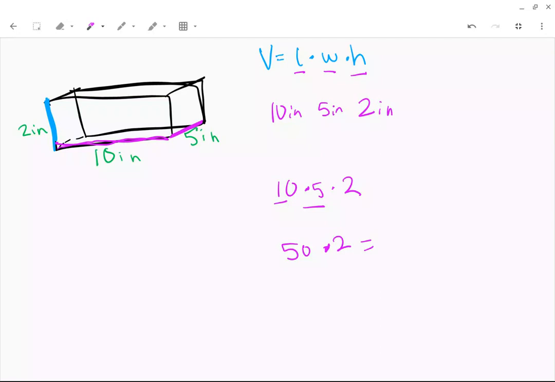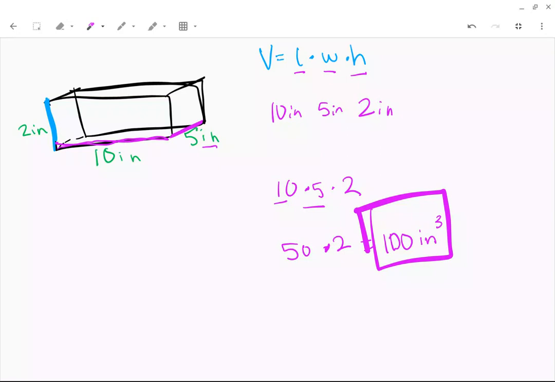And 50 times 2 is 100. So it's 100, and our units here were inches, so 100 inches. And since we have a 3D shape and we're talking about volume, it will be 100 inches cubed, or to the power of 3. So you have that exponent.